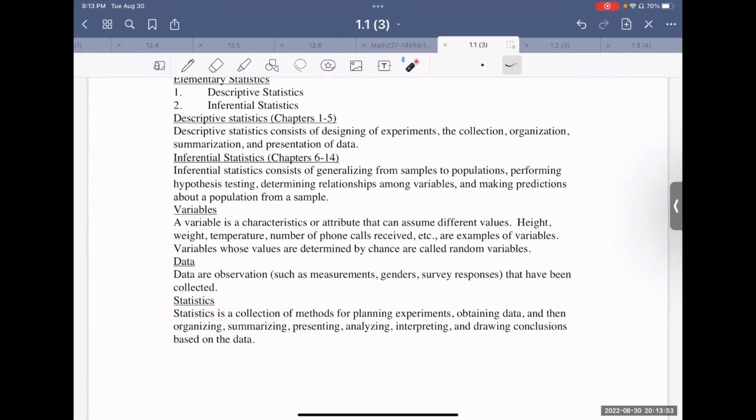Statistics: there'll be several differing ideas that have the name statistics. This is an additional one. Statistics is a collection of methods for planning experiments, obtaining data, and then organizing, summarizing, presenting, analyzing, interpreting, and drawing conclusions based on the data.